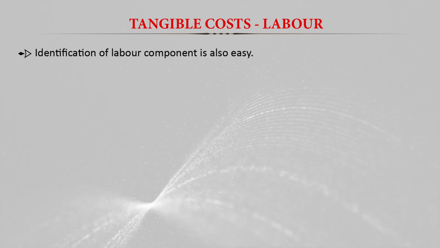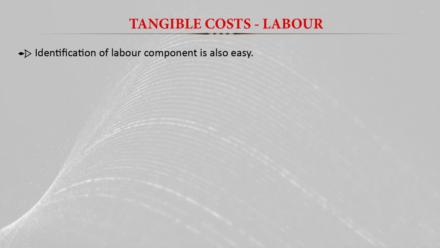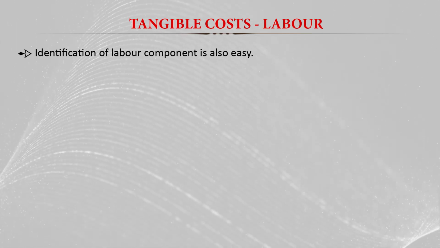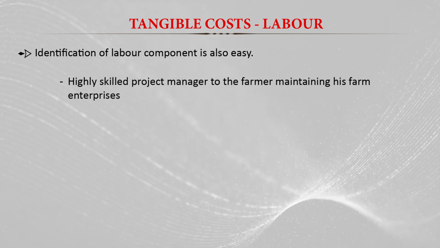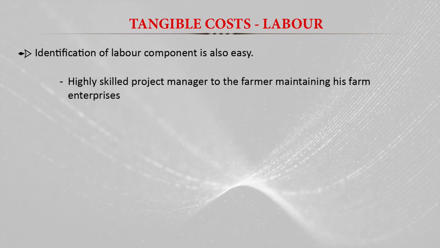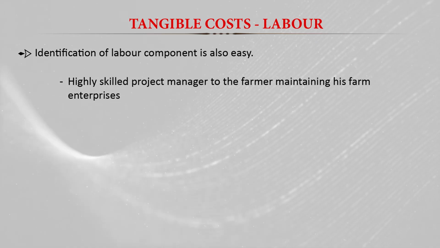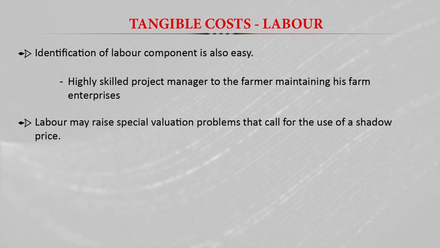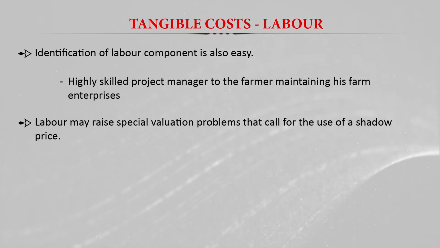Another example of tangible cost is labor, and here again we can easily identify the labor cost employed in a project. We generally use different types of labor in a project, from a highly skilled project manager to the farmers maintaining their farm. Labor may raise special valuation problems that call for the use of shadow prices.